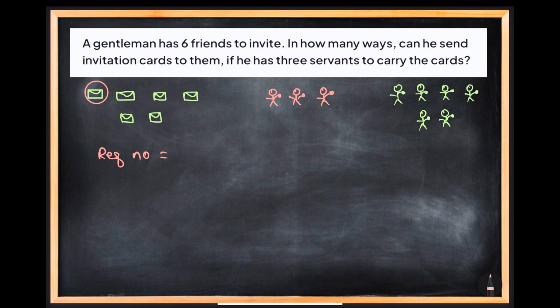He can give this card to this person to deliver it, he can give the same card to this one, or to this one, but he has to choose one of them. So how many choices does he have for card number 1? Exactly, 3, because there are 3 servants.